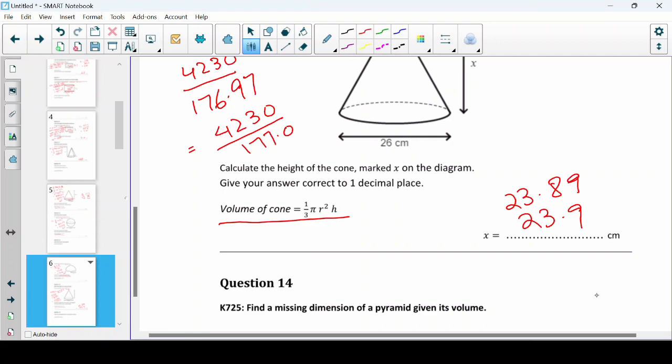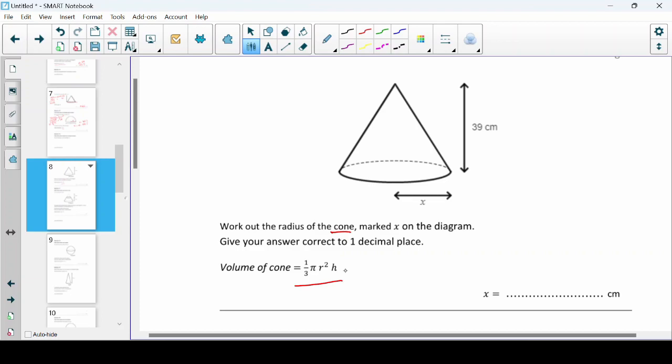So the next question here is the volume of the pyramid. So here is a pyramid with us. The volume of the pyramid is 1904, and the formula of the pyramid is the area of the base times height. So for the volume, 1 over 3 pi, and this is x, right?